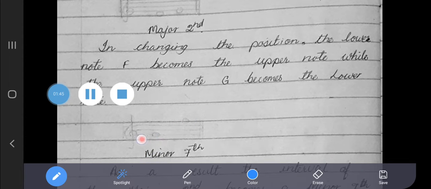So we keep G in the same place and put the F note here. Then it becomes a seventh. Actually, it's a minor seventh. Shall we see?